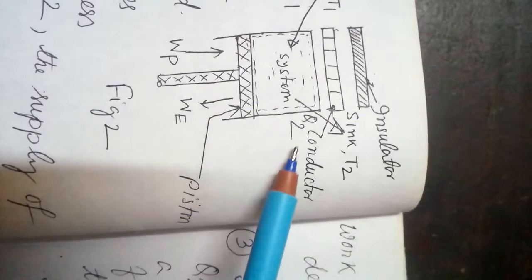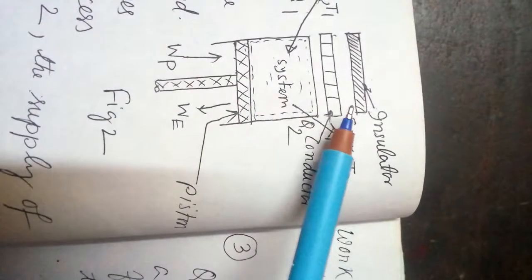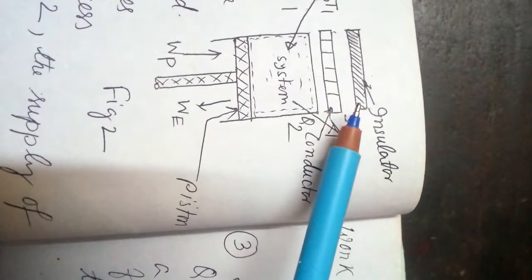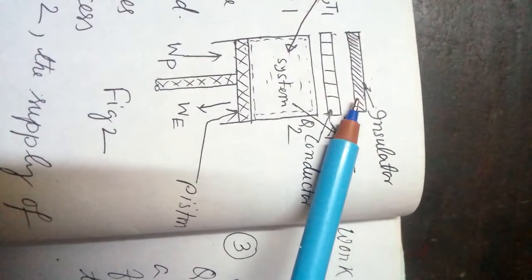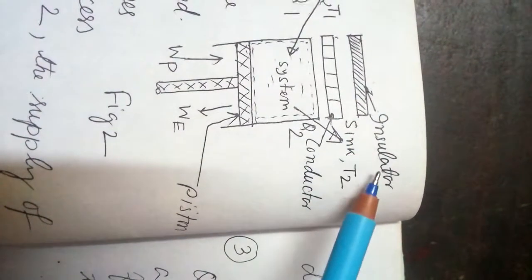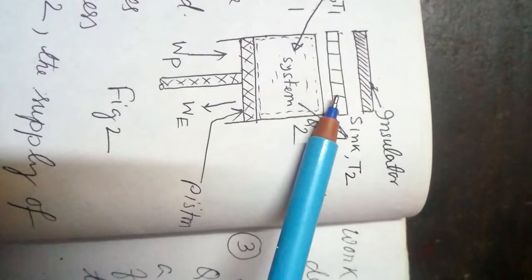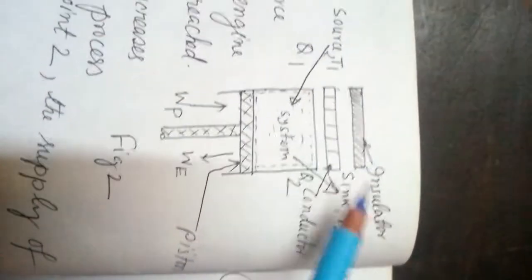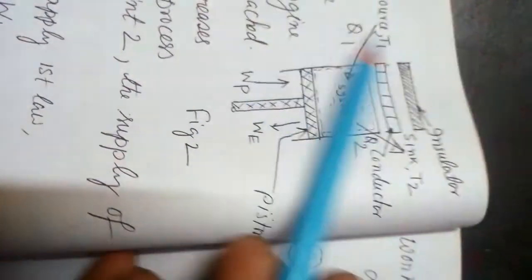Now this cylinder head, sometimes in one process, for adiabatic process it acts as an insulator. For the isothermal process it acts as a conductor. Okay, so this is the system.